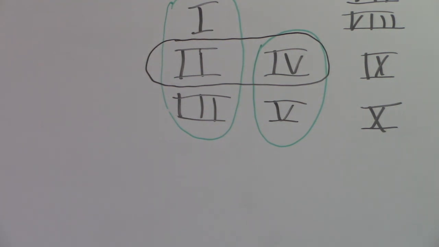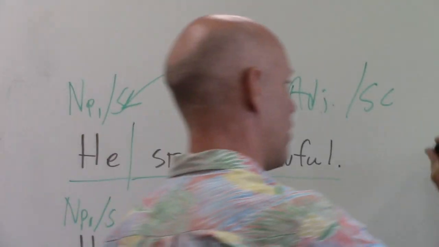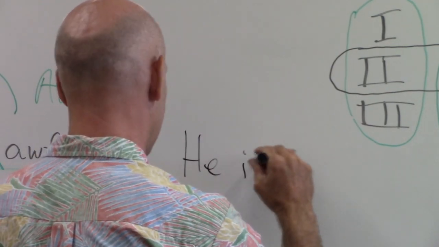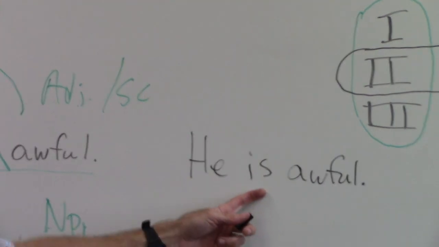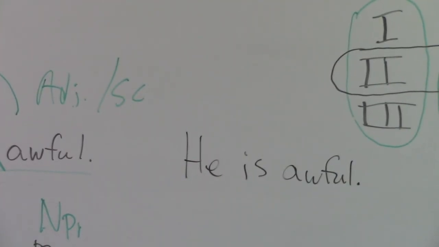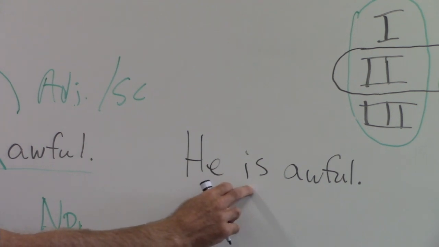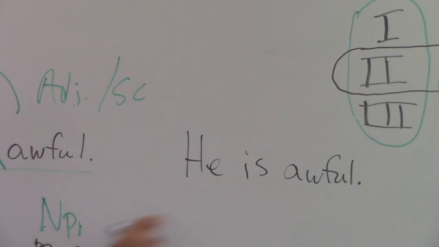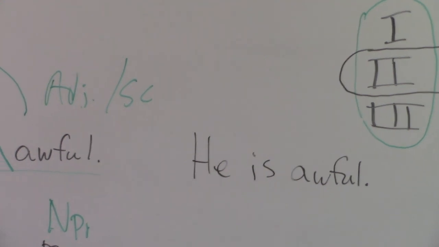Okay, what do they both have at the end? Adjective. Adjectival subject complement. Let me write a pattern 2 right here. He is awful. There's your pattern 2. There's your pattern 4. See the similarities and differences? What's the major difference? Is and smells. Okay, this is a be verb. This is a linking verb. All right. Does that blow you away or what?